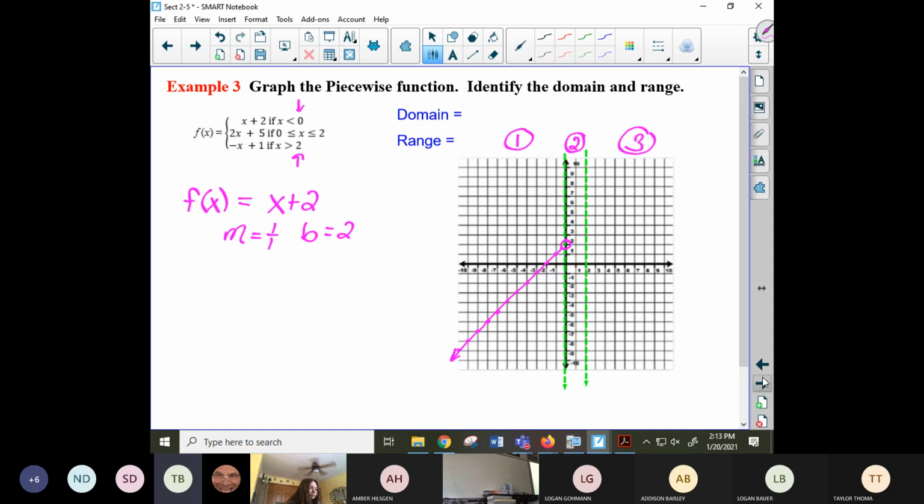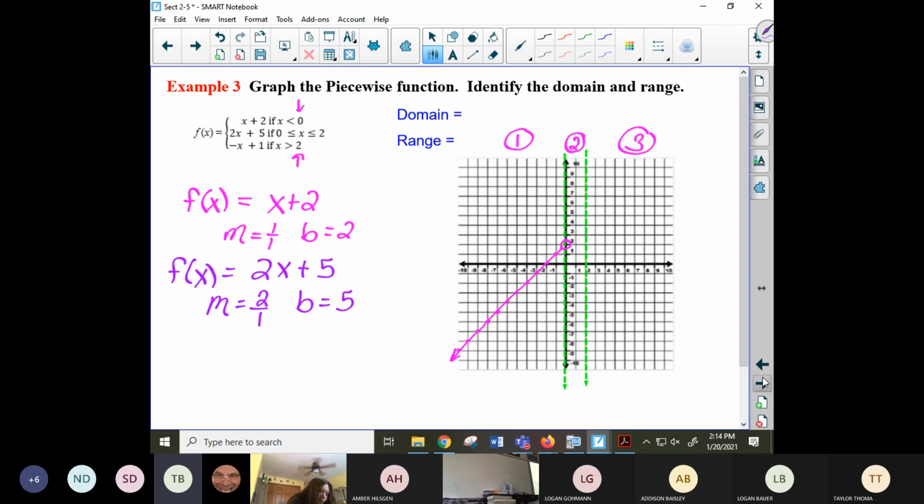All right, now let's go to the second part and do f of x equals 2x plus 5, where our slope is 2 over 1 and our y-intercept is 5. Now this is that tiny little one in the middle. We're going to go up to 5.